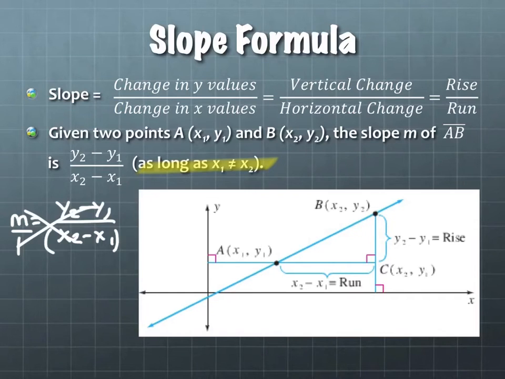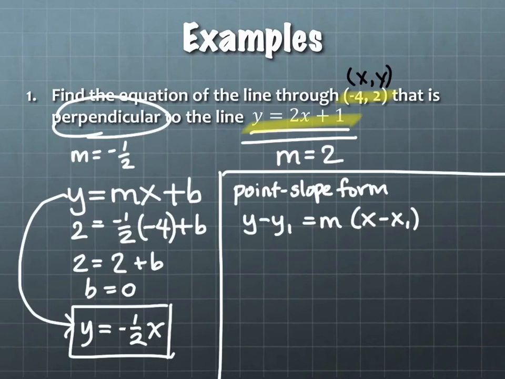I would end up with m times x2 minus x1 equals y2 minus y1. And with the exception of the fact that these say y2 and x2 instead of just y and x, that's the exact formula I just wrote down on the other side. I mean, it's flipped from the left side to the right side. I turned it around. But it's the same formula as this right here.